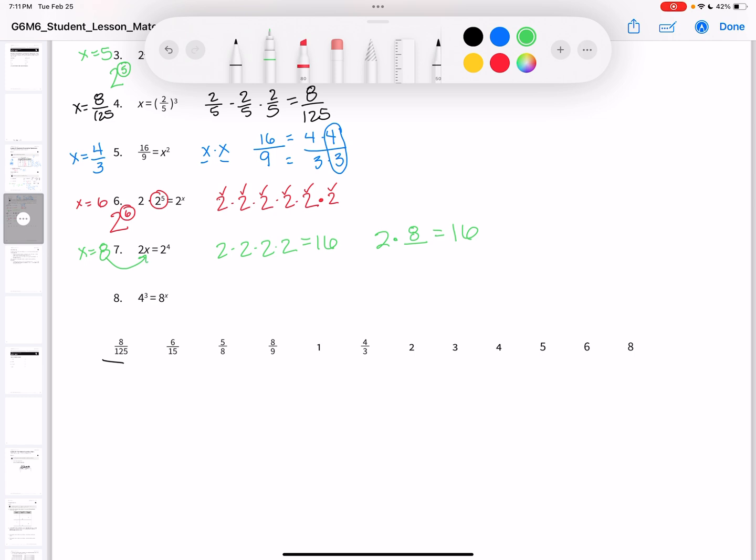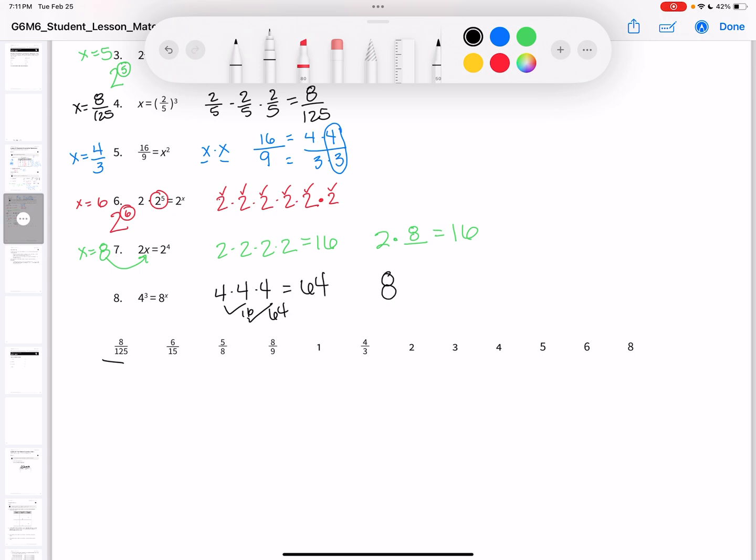All right, let's look at 8. 8 says 4 to the third equals 8 to the what power? Okay, so let's do 4 to the third. 4 times 4 times 4. 4 times 4 is 16. 16 times 4 is 64. So 4 times 4 times 4 is 64.